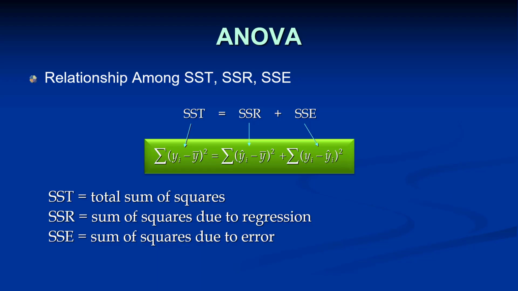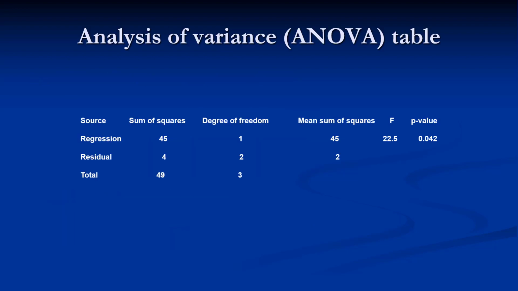The sums of squares show how much of the variation is explained by the regression line and how much is explained by the residuals. The approach of analysis of variance is to compare two sources of variation, regression and residuals, to better explain the variation in the response variable.